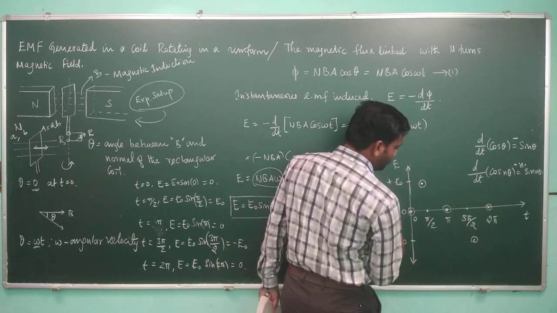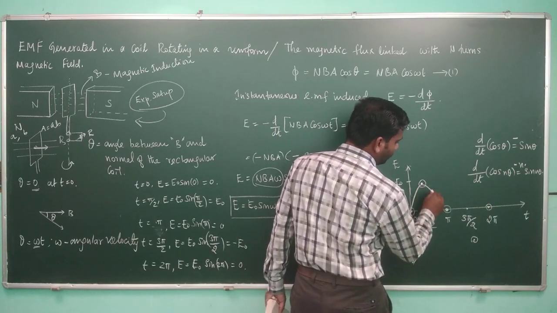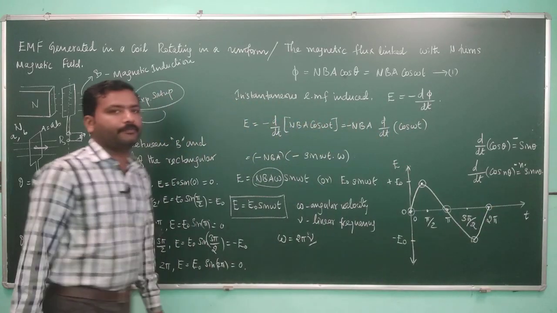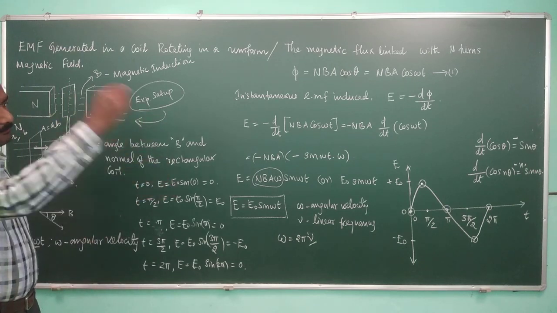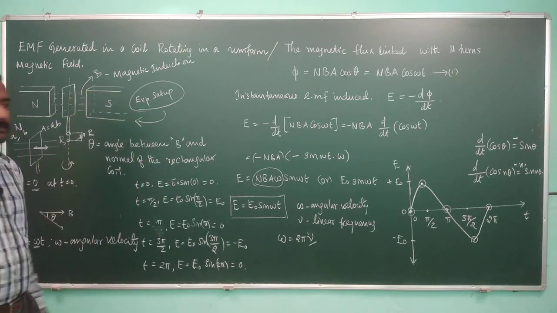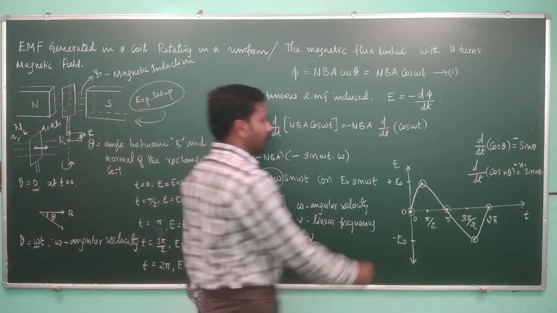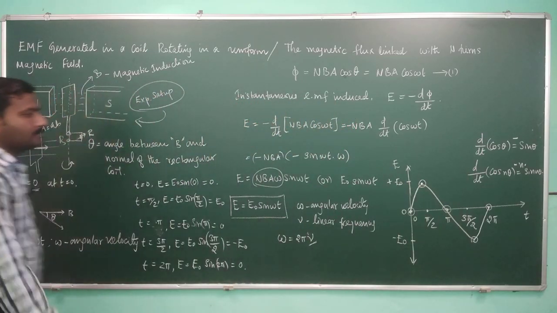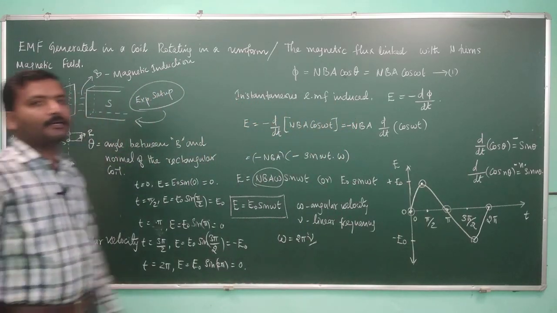Now if we connect these points, it creates a sine wave starting from 0, and it keeps on going as you increase t, which implies that the induced EMF is not constant.